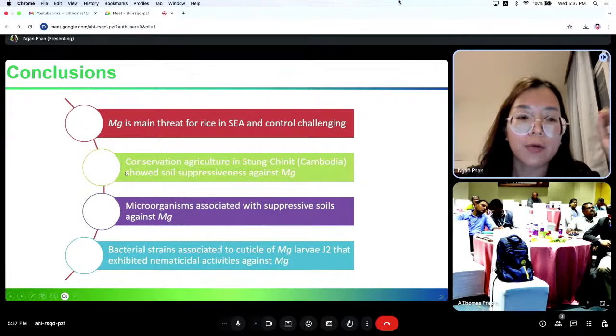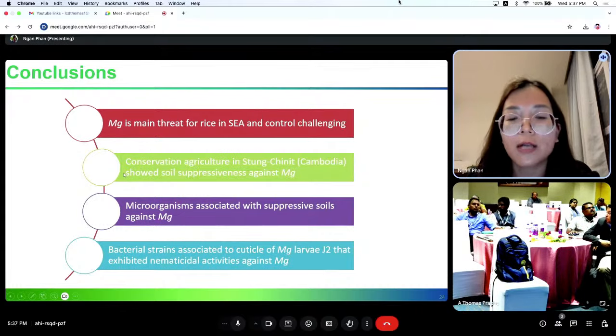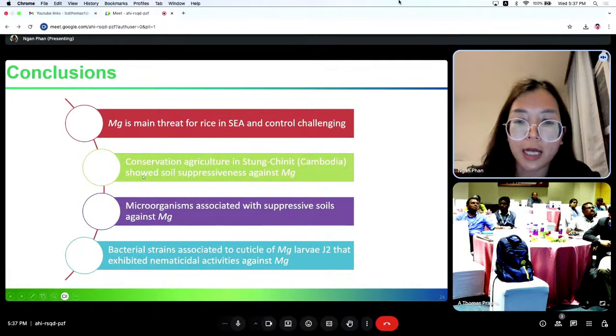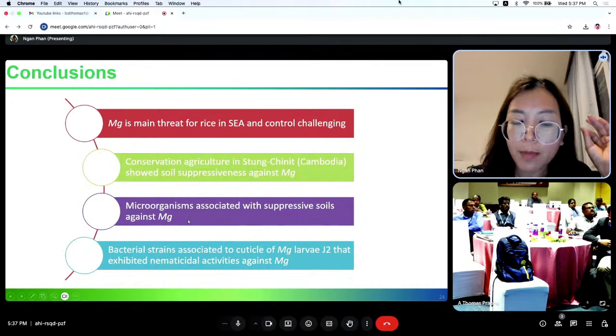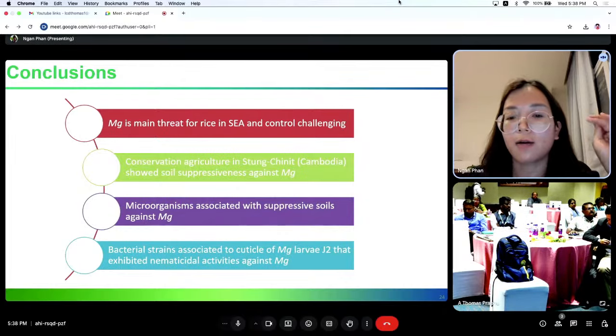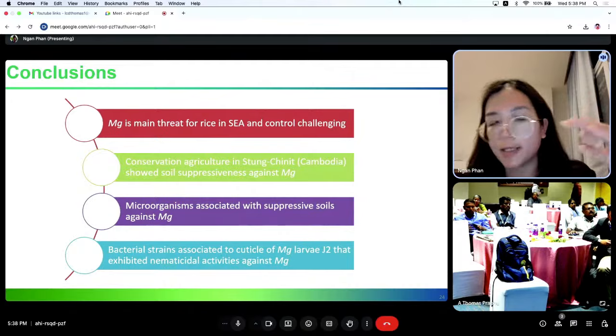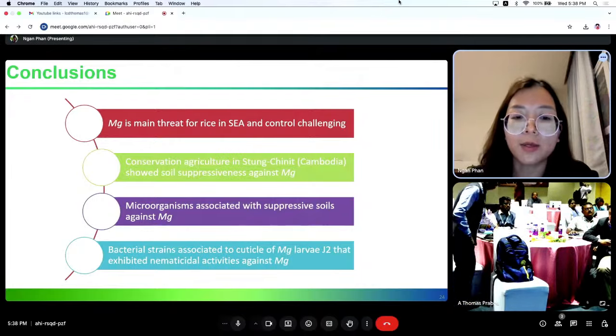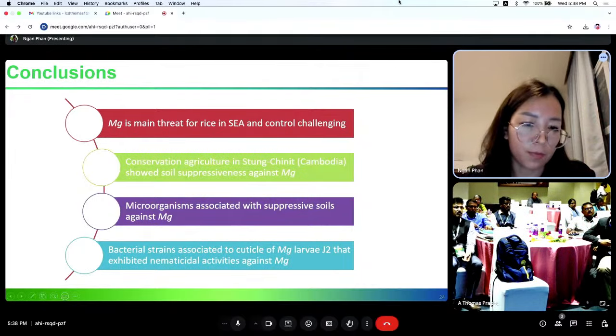And we found in our study that the conservation agriculture in Stung Chinit in Cambodia shows soil suppressiveness against this rice nematode, and the microorganisms are the factor that drive the suppressiveness of the soil against the rice nematode.